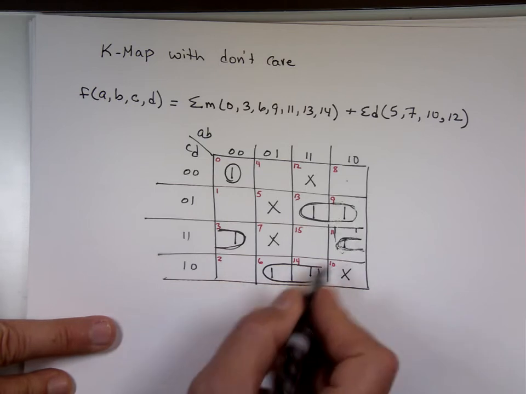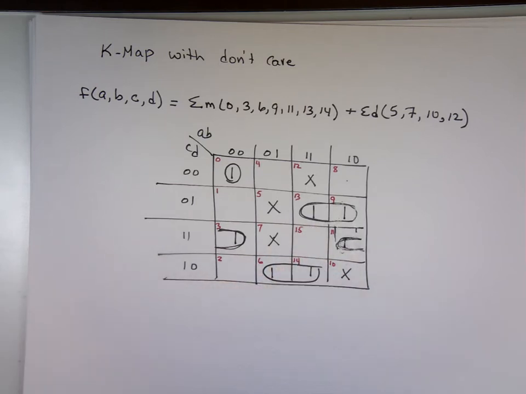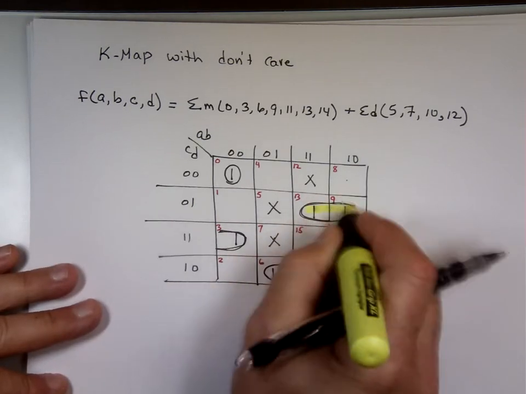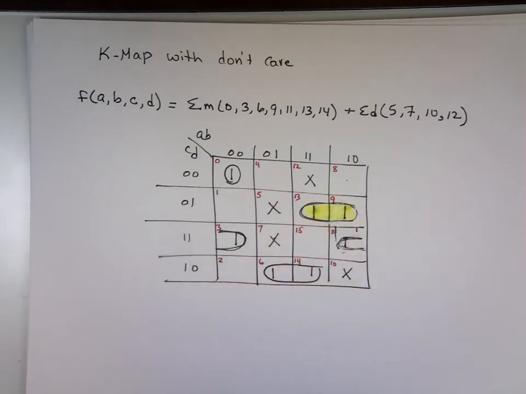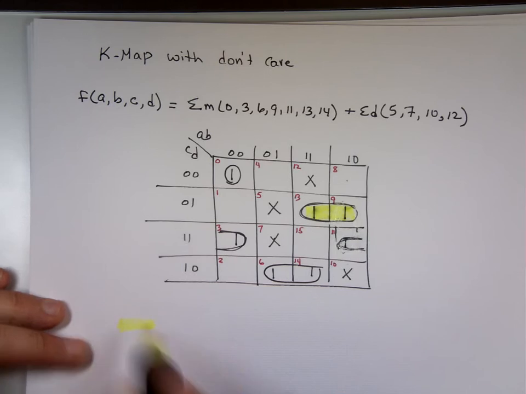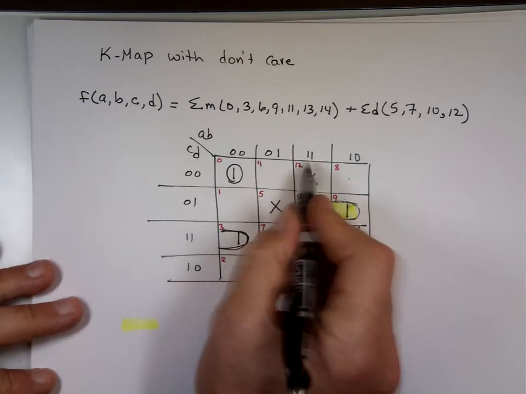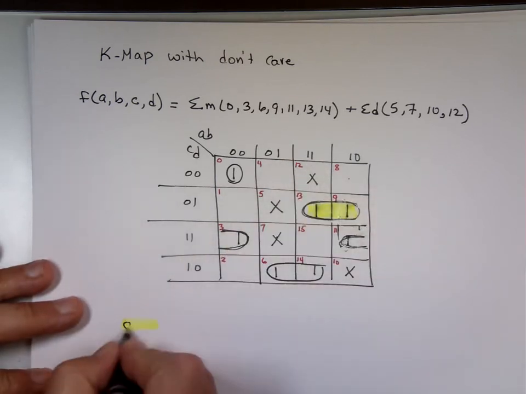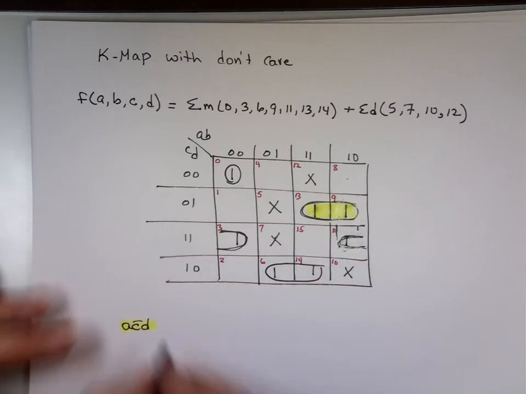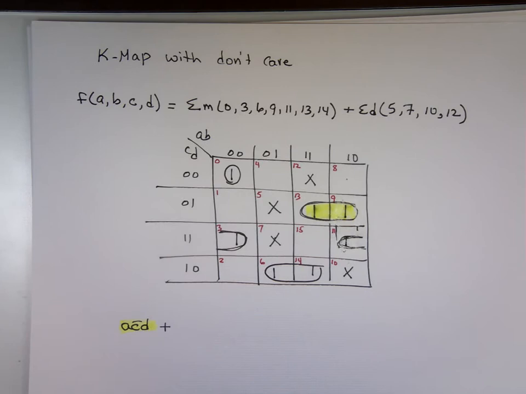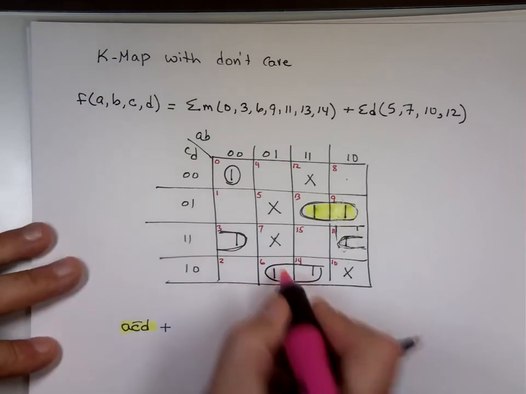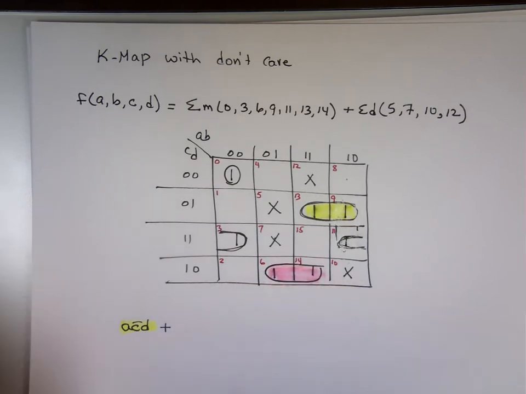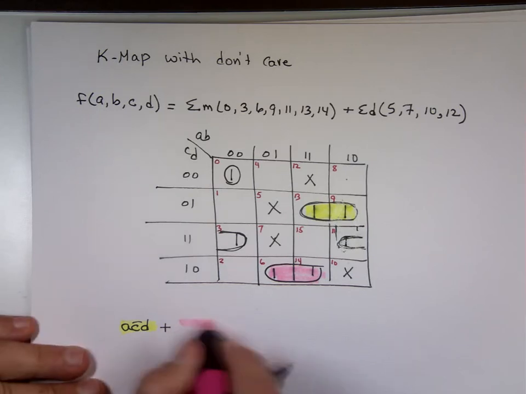So when I read this, let me give them color here. The yellow one, what is that equal to? That's A, C bar D. Pink, purple, whatever it is, pink. That expression will be what?